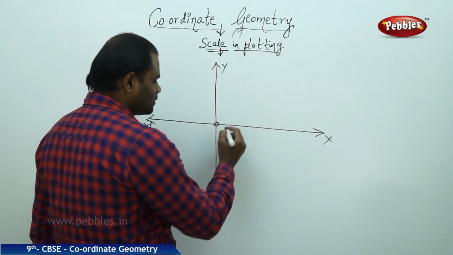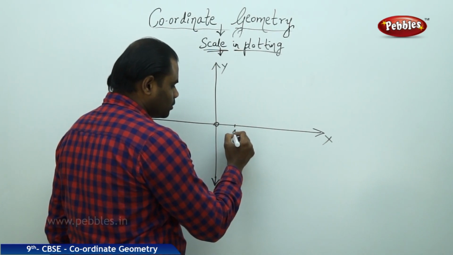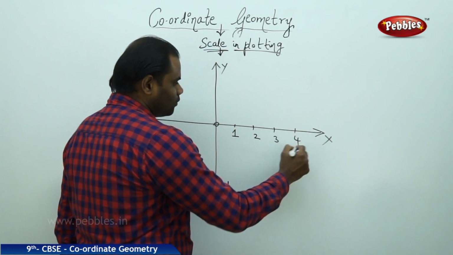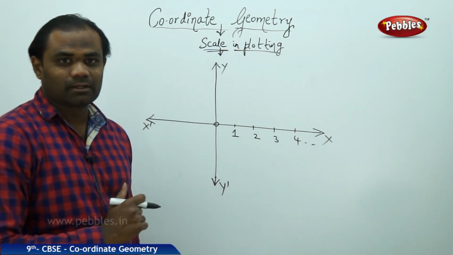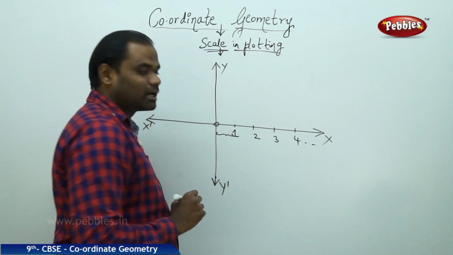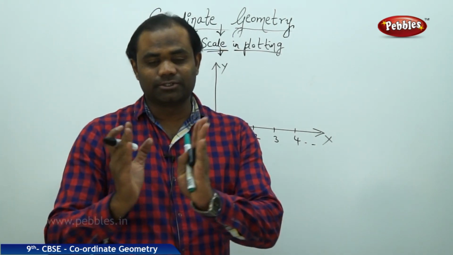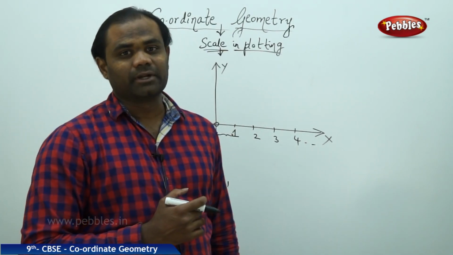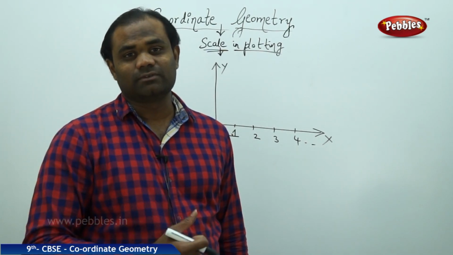For example, when I locate points 1, 2, 3, 4, etc., I mean that I have measured this to be 1 unit, and on the graph paper the grid lines are generally at a distance of 1 centimeter each, and those grids are taken as the base of the scale.